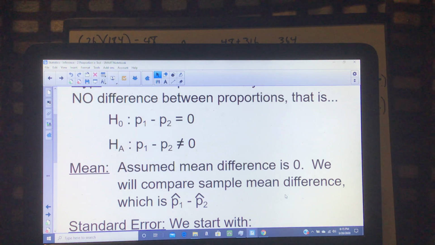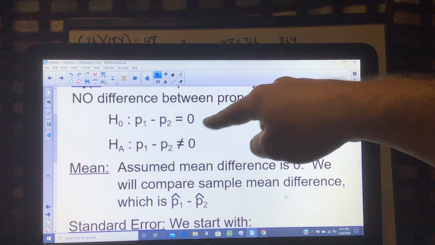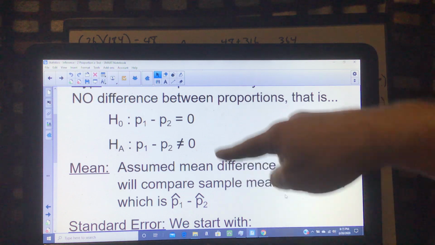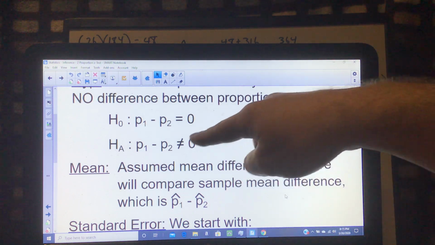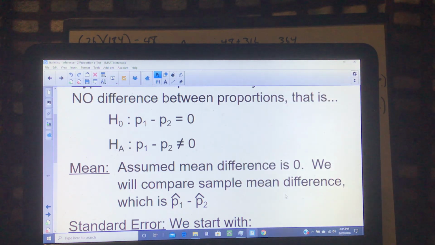How likely is it that we get a 13% difference if the population has no true difference? If that's likely, then we say that there probably is no difference in population. If it's very unlikely to get 13%, we go, well, it's probably true that the populations are actually different. That's why we're seeing the 13%. So the mean of our curve is always the null hypothesis, which is 0 for this kind of test. That's different from before.